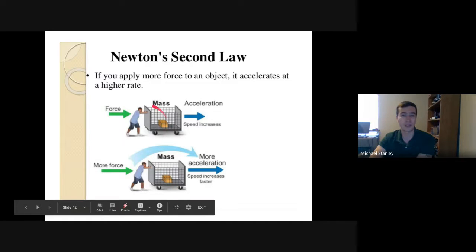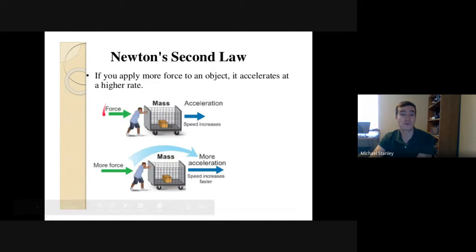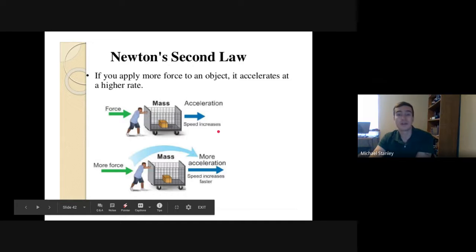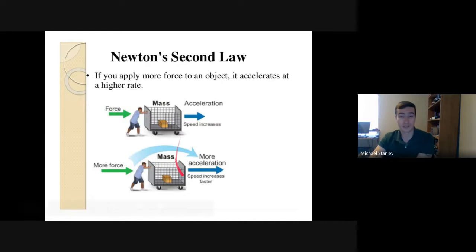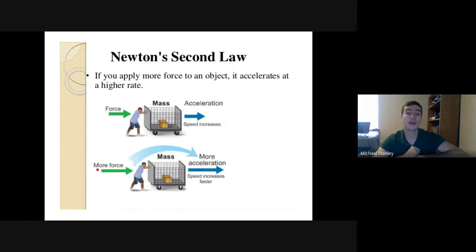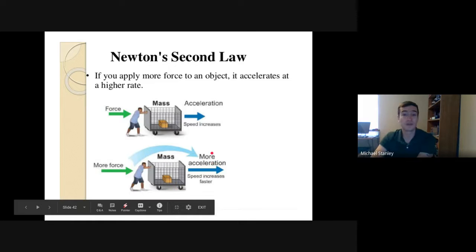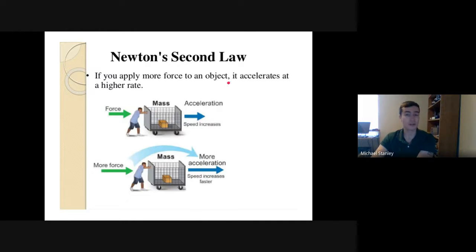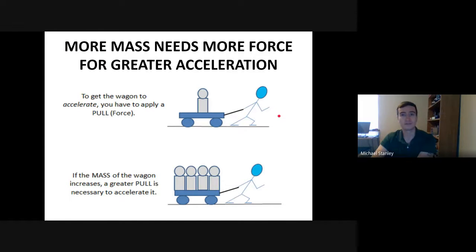It's got the one little box and a lot of empty space and some little wheels. The mass isn't changing, which means that if our force goes up, so we put more force, then our acceleration is going to go up. So we put more force on the same thing, it's going to move faster. It's going to increase speed very quickly. So that's one way to think about the second law.